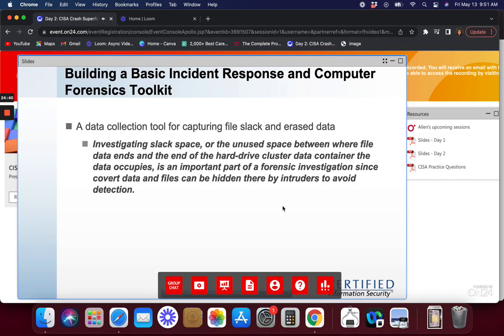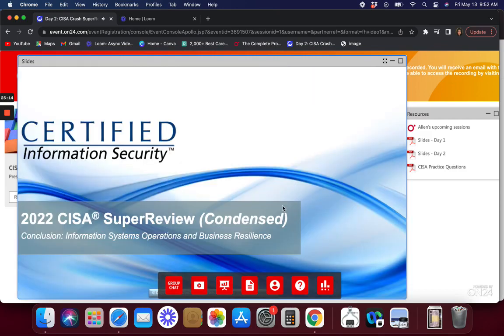Rather than having volatile RAM, we can actually set up in our slack space a type of non-volatile RAM on the hard drive that basically expands our RAM capabilities. Even though that's what you're supposed to be using it for, it turns out it is hard drive space. And if you had a utility that could write to it outside of the operating system, you could put information there that nobody else would find. Interesting. So we need to have special tools to see that kind of thing.